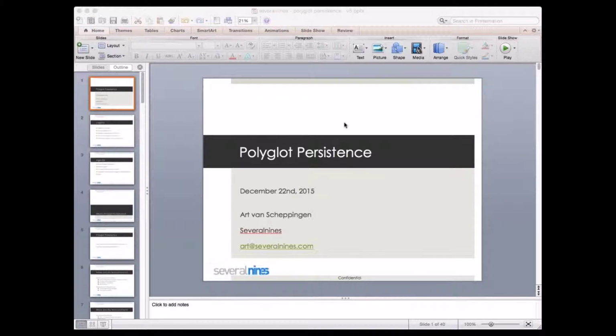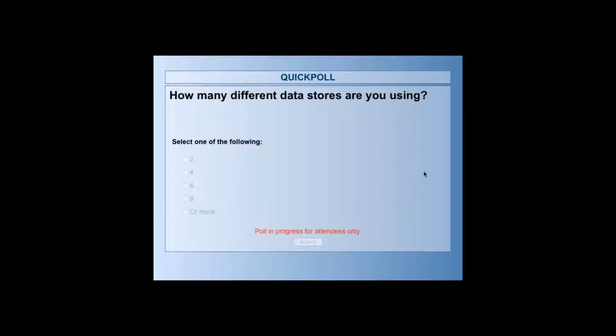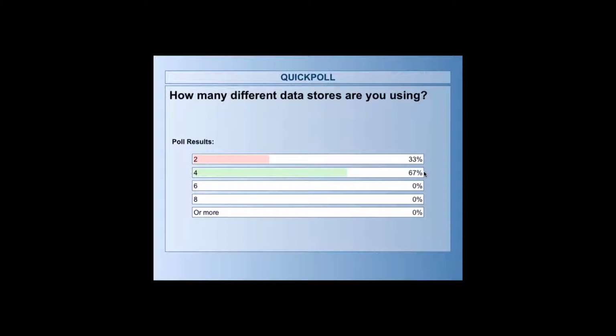Just before I hand over to Art with the actual presentation of the day on Polyglot Persistence, I wanted to ask all of you a quick question. Since we'll be talking about Polyglot Persistence and different types of data stores, just so we have a good idea of the participation today in the audience, how many different data stores are you currently using in your organization?